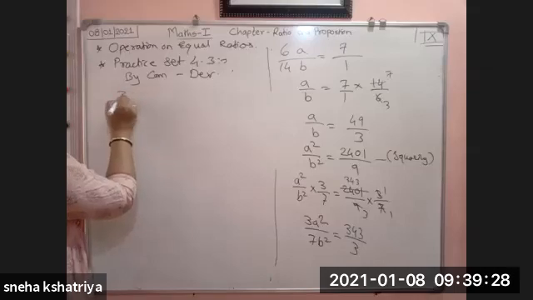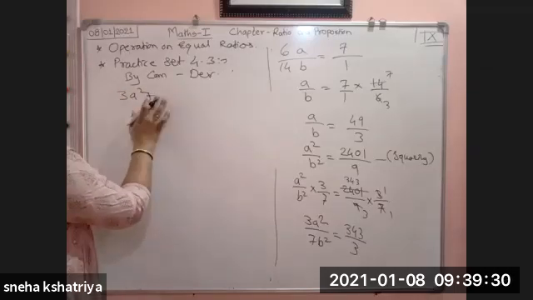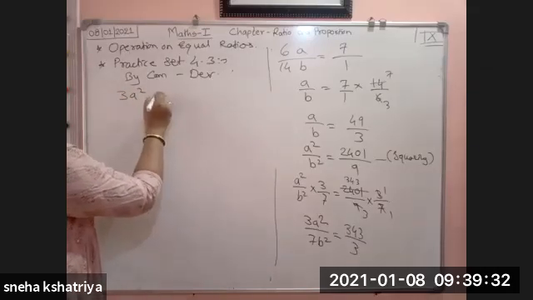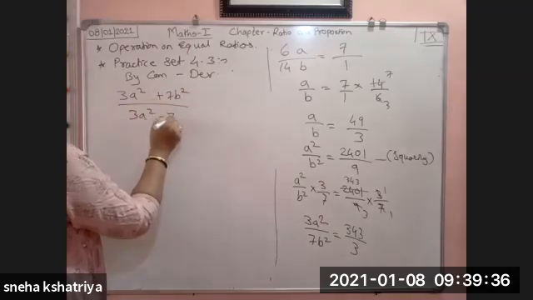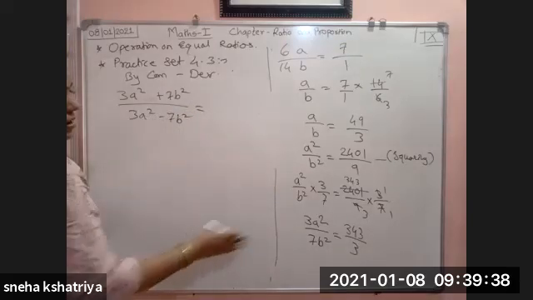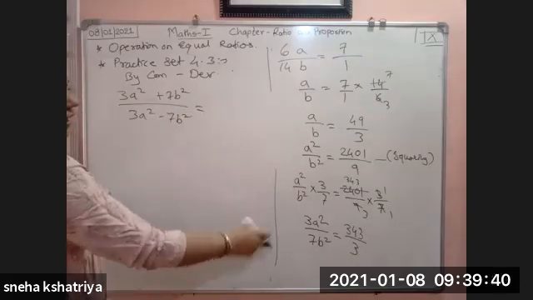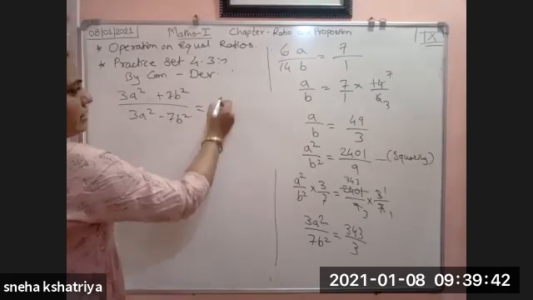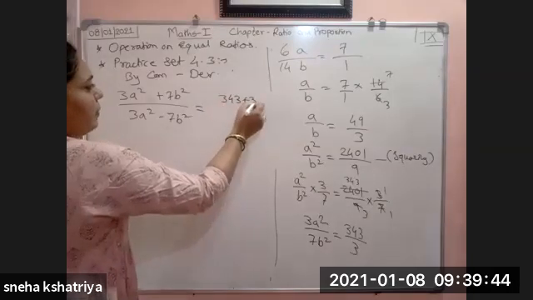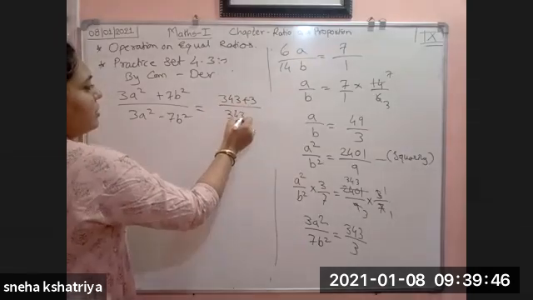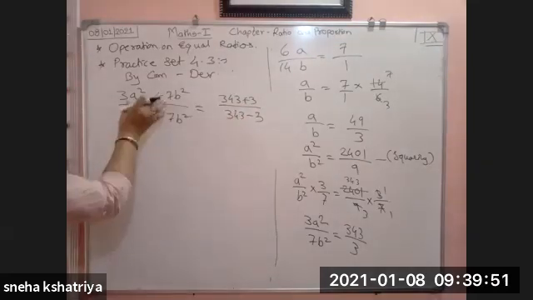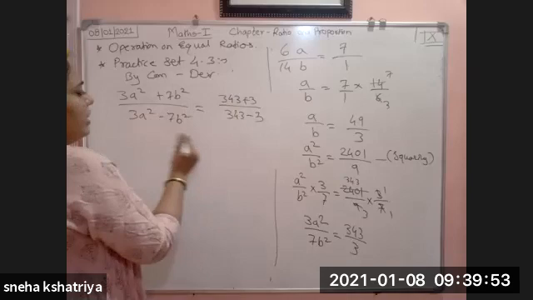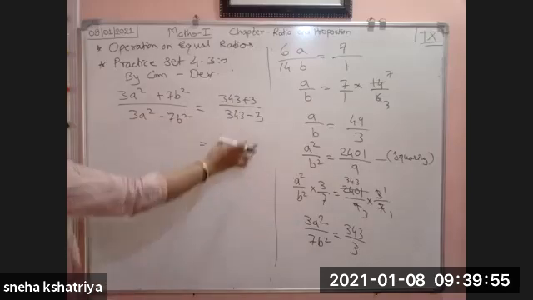So what we will get, 3a square plus 7b square divided by 3a square minus 7b square. Componendo dividendo, add and subtract. So right hand side same. 343 plus 3 and 343 minus 3. So here it is as it is, this expression only value we have to find out.